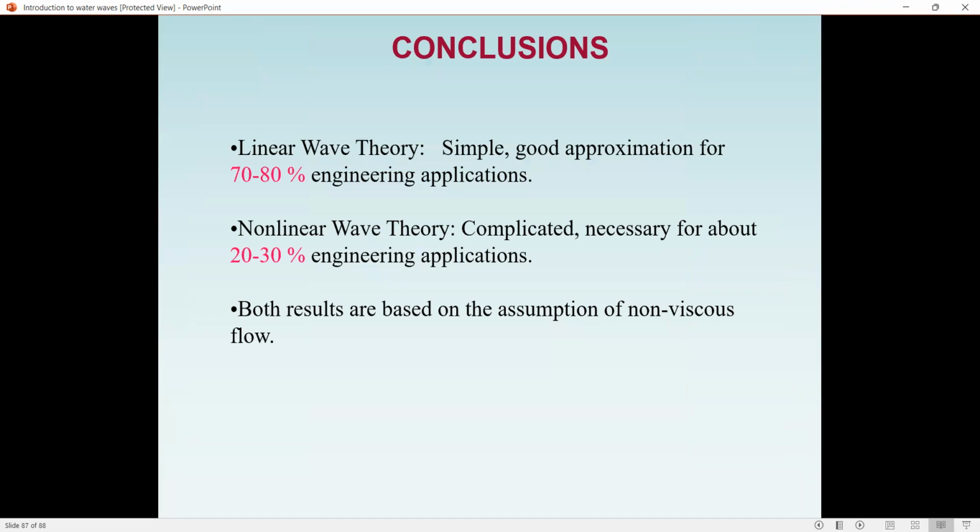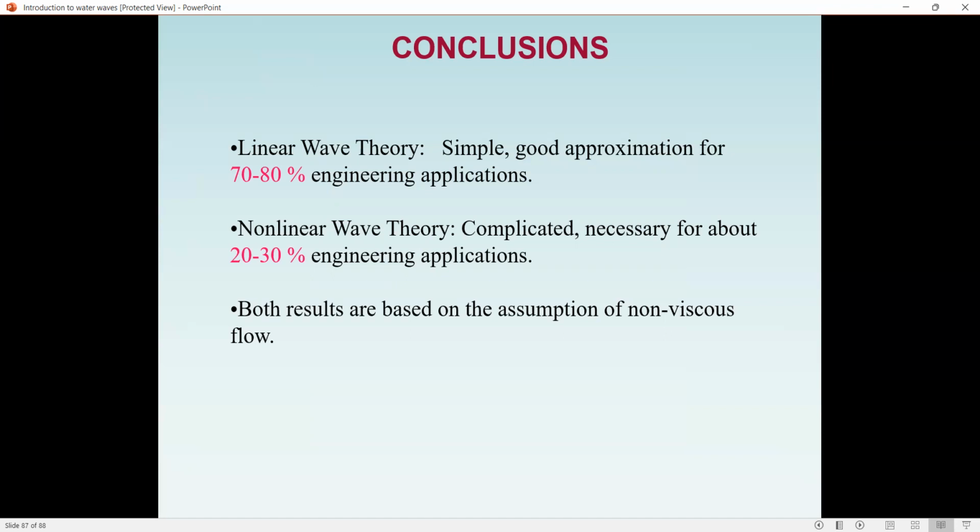I will conclude this part by saying that linear wave theory is very simple and a good approximation for 70 to 80% of engineering applications, whereas nonlinear wave theory is very complicated and necessary for about 20 to 30% of engineering applications. However, both are based on the assumption that the fluid is ideal, and the flow is assumed to be potential flow because the motion is irrotational.